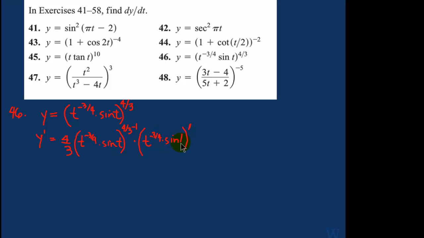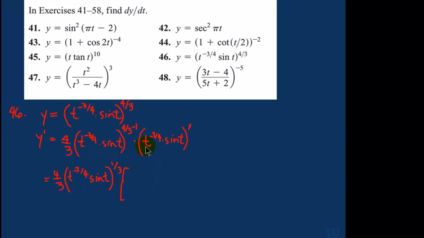So this is equal to 4/3 times t to the negative 3/4 sine of t, and 4/3 minus 1 is 1/3. Now, how do we take the derivative of what's inside that was raised to the 4/3? It's a product, so we have to apply the product rule.